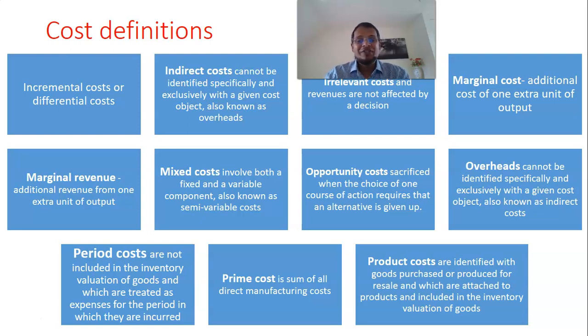So if you manufacture the product, if there is any benefit that you are sacrificing from buying it from someone else, that means if you buy the products from someone, you could get a discount. You could save some cost. But if you manufacture it, you can't get that discount. You can't save that amount of cost. So the amount that you are sacrificing in the second best alternative is opportunity cost.